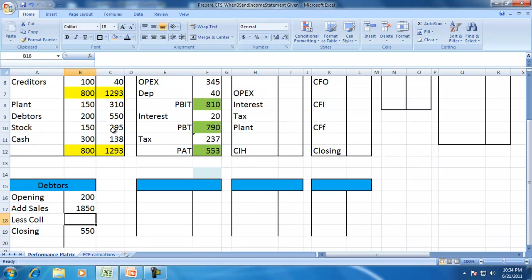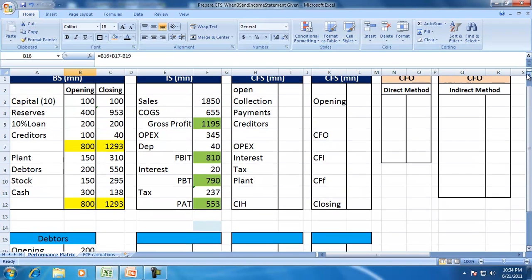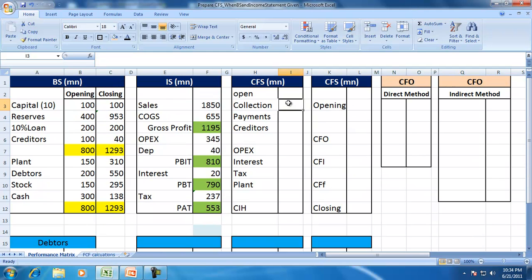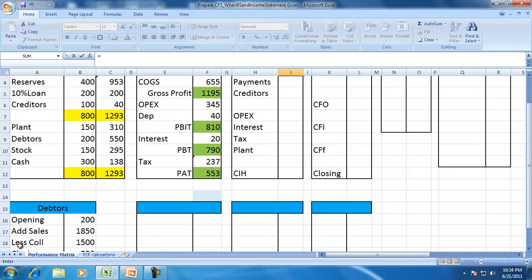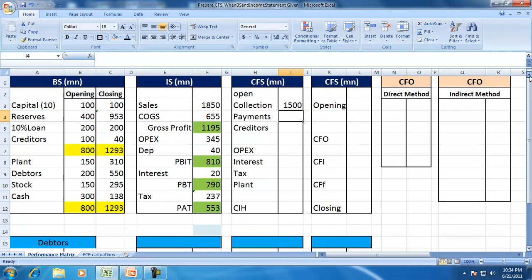So the balancing figure, which is opening plus the sales minus the closing, is the collection for the period. That is a cash flow item. So the collection during the period is 1500. You can see that this much of sales has happened, but the debtors has increased, so that's the collection.